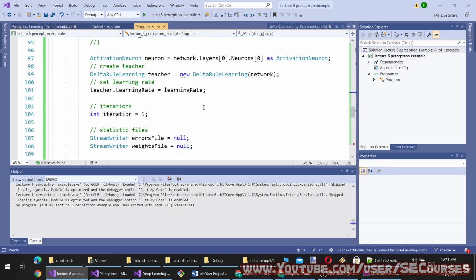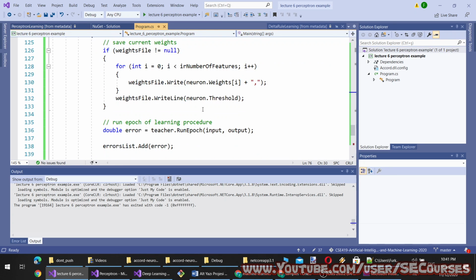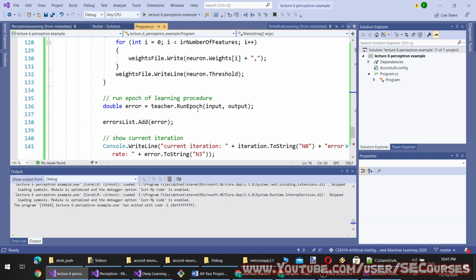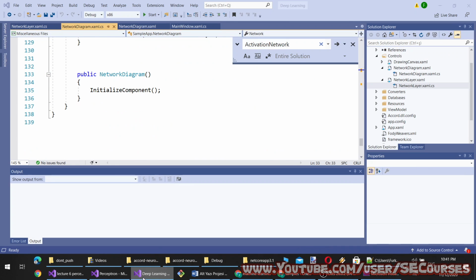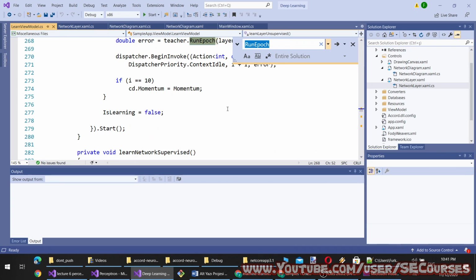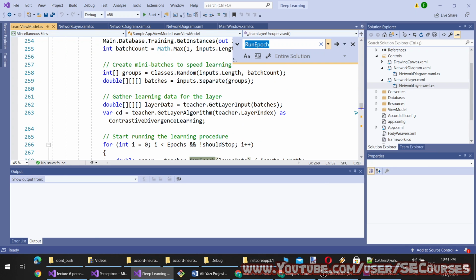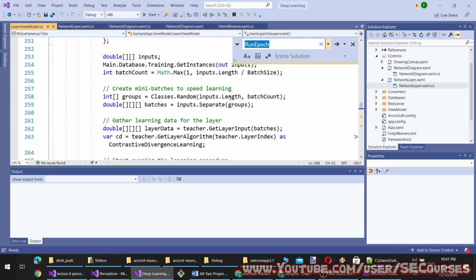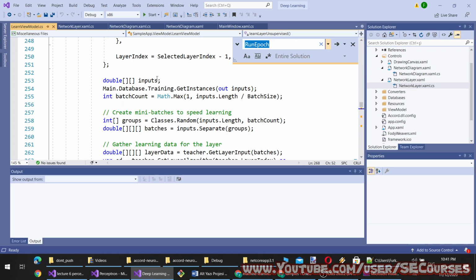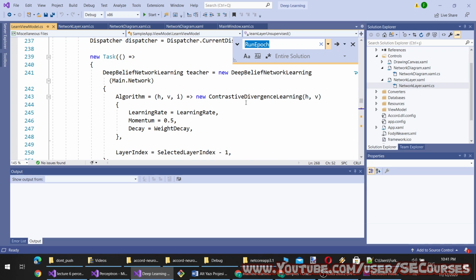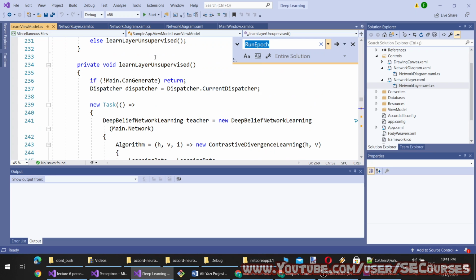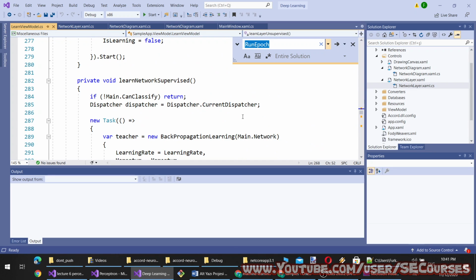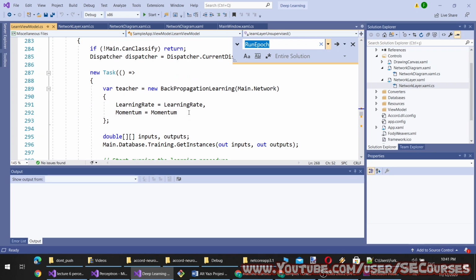I think this also uses run epoch. Yeah, here. Okay, so it uses three double inputs, batch size, learn model. Okay, so this is the learn layer, unsupervised. Where is the, okay, supervised is here.